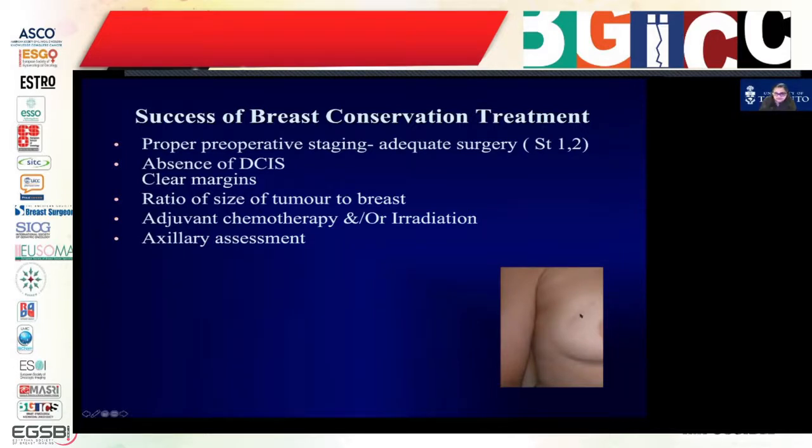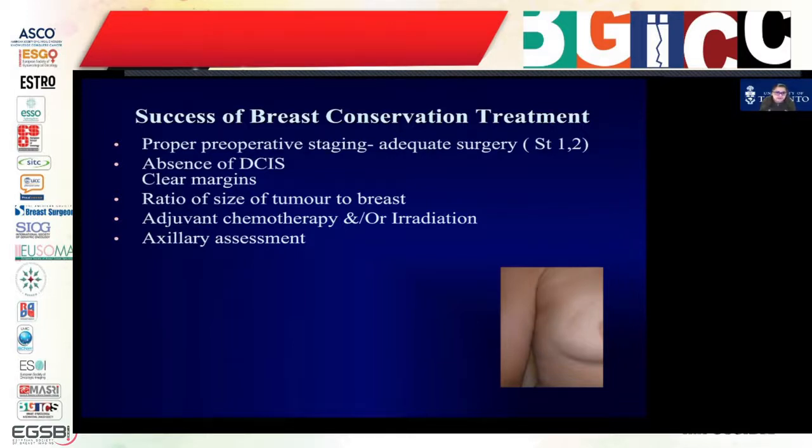Here is a very nice example of a woman who underwent breast conservation surgery with a beautiful scar and a nicely shaped breast, and it allows us to conserve the breast. It is important to assess the size of the tumor relative to the breast. If the tumor is small, but the breast is also small, then sometimes breast conservation may be difficult because you will not get a good cosmetic outcome.